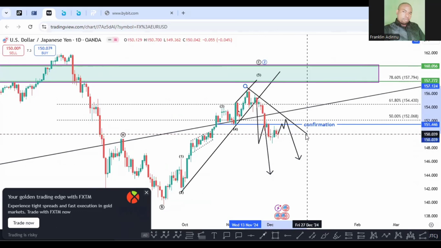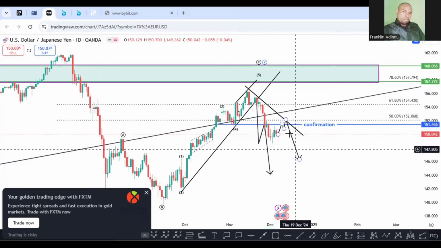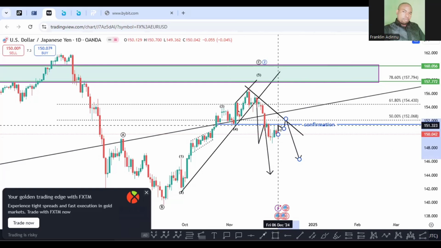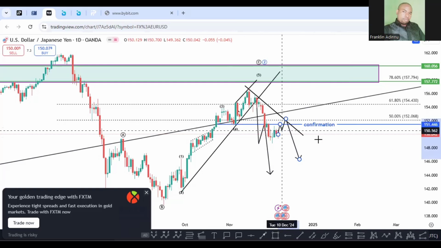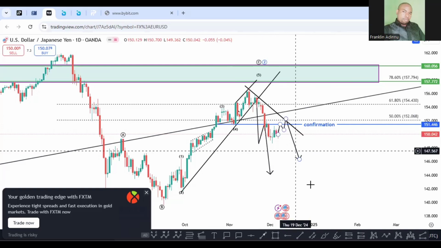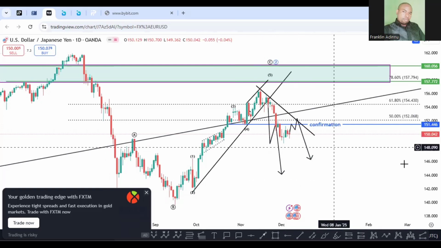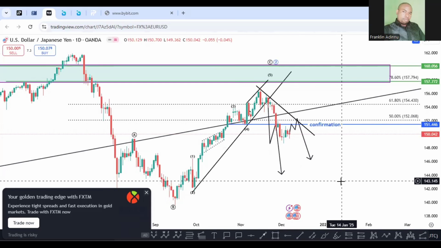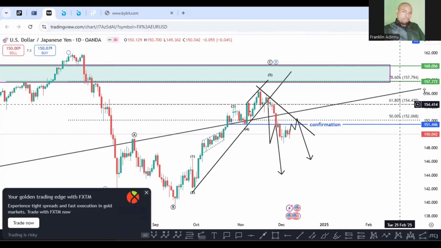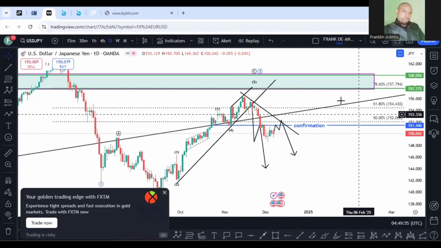Correction there will give us a clue on what the market is exactly doing. So if the market moves correctly to that place, then I will sell from there down, a very big trade. That is all for this guy.